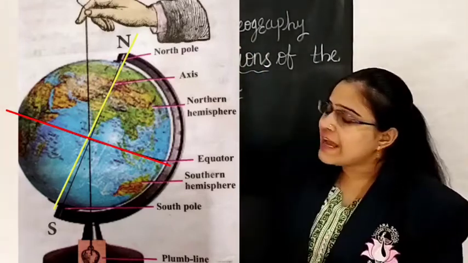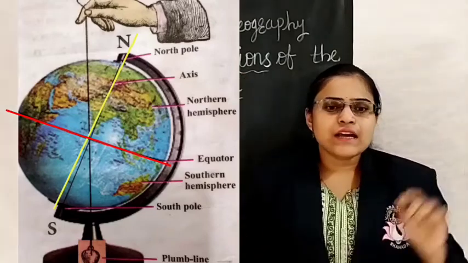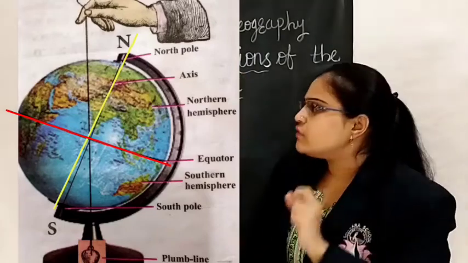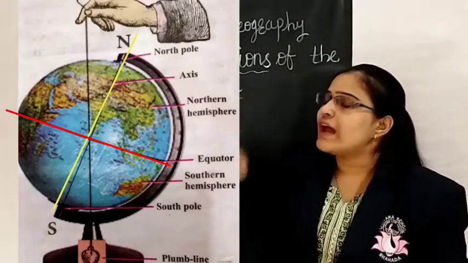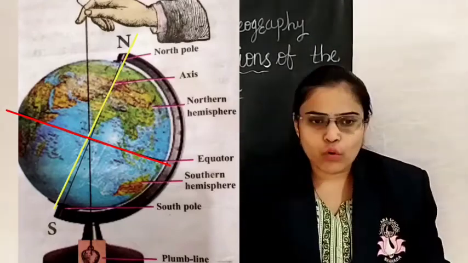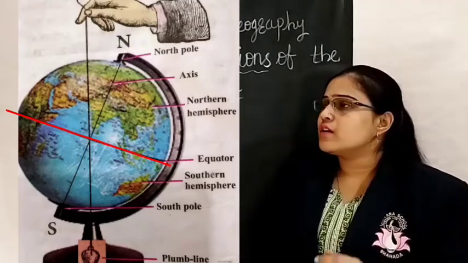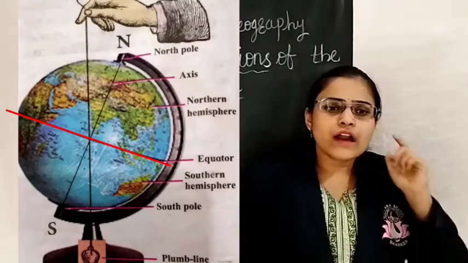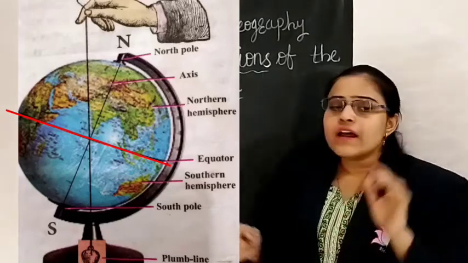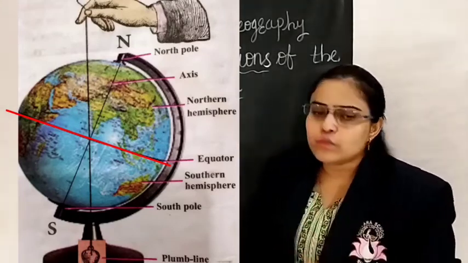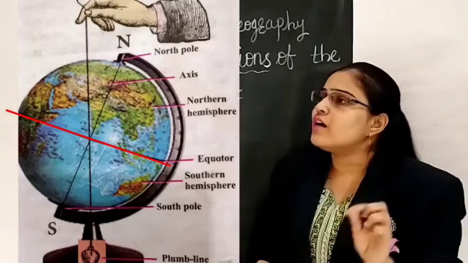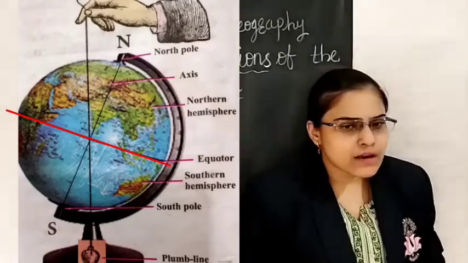The points N and S are called the poles of the earth. N is the north pole and S is the south pole. If a circle were drawn around the surface of the earth, exactly in between the north and south poles, it would divide the earth into two equal parts.